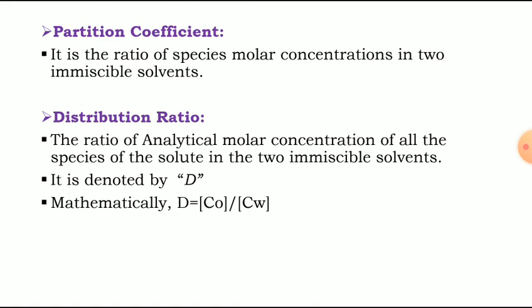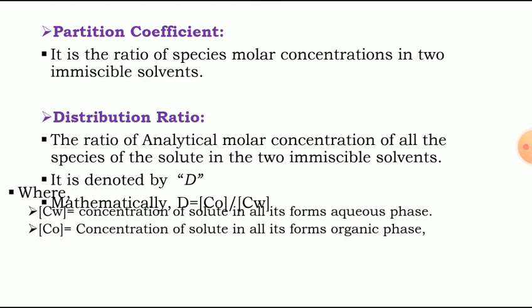The square brackets denote the analytical molar concentration. So again, D is equal to the analytical molar concentration of Co, that means the concentration of the solute in the organic phase in all its forms, over the concentration of the solute in the aqueous phase in all its forms.